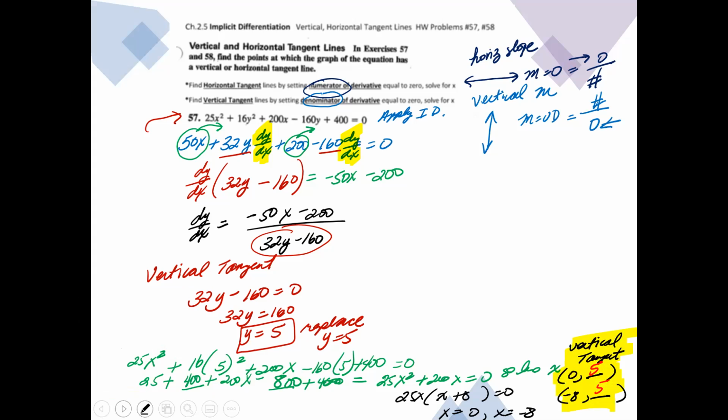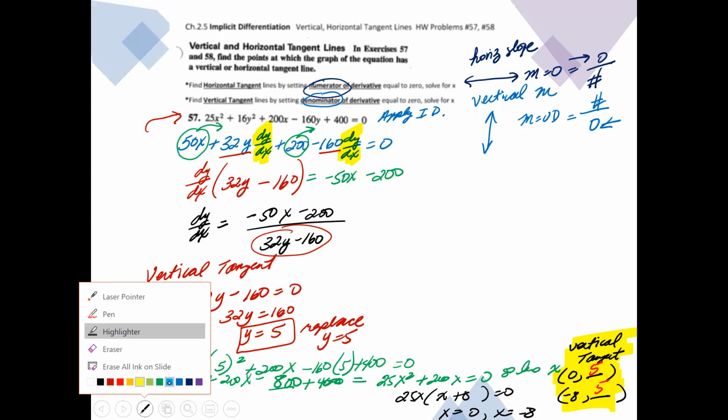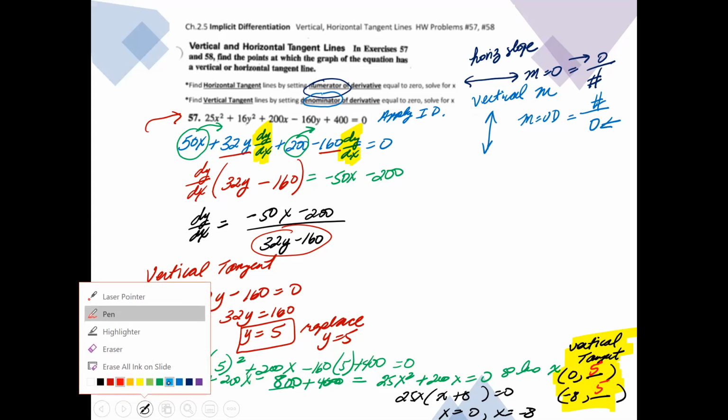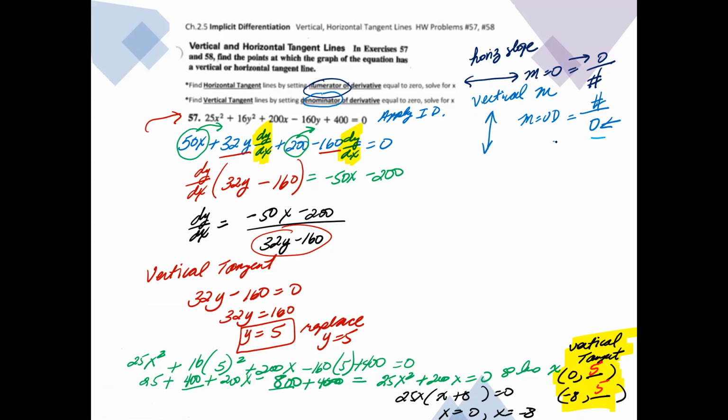All right, so now that we did that, let's go ahead and find the horizontal tangent. So I'm going to go ahead and draw a little bit of a line here so that we know the difference. There's a little bit of space in between. Okay, so to find the horizontal tangent, with this one, I'm going to take the numerator and set it equal to 0.